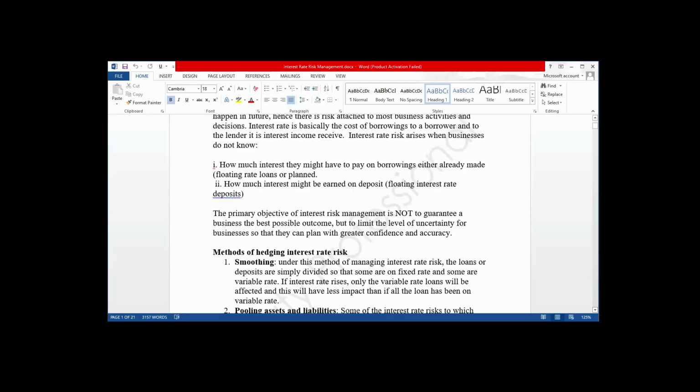Please, I want you to note that point very well. The objective of interest rate hedging is not to guarantee your business the best possible outcome, but to limit the level of uncertainty for your business so that as a business owner, you can plan your business with greater confidence and accuracy.